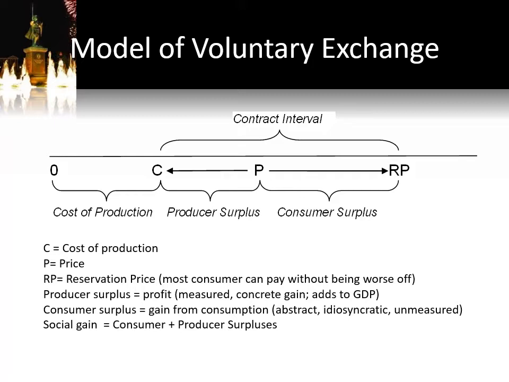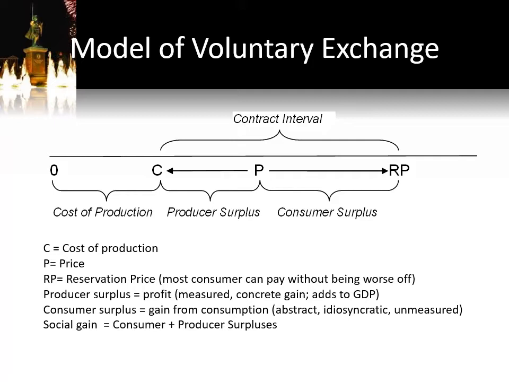But the point is that both sides gain from the transaction. And so we have these surpluses, and the producer surplus is profit. The key thing is that it's measured. There are a lot of people, the IRS and accountants, who are really focused on counting profit. And the price of the transaction goes into GDP.